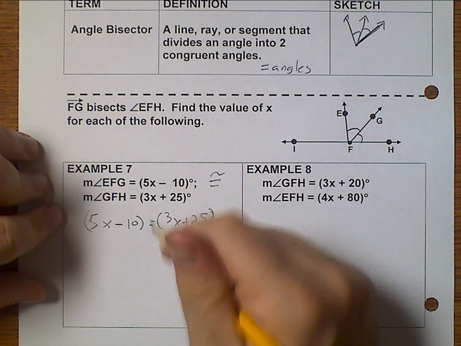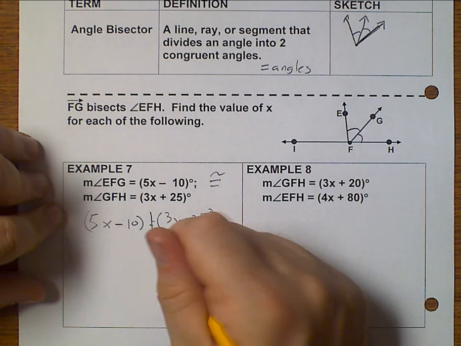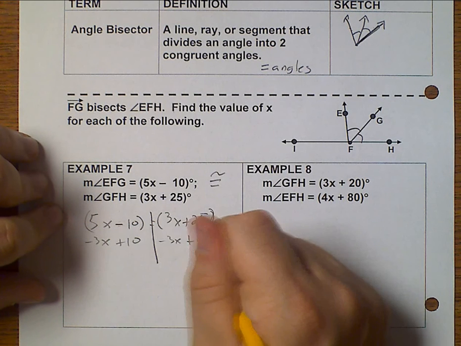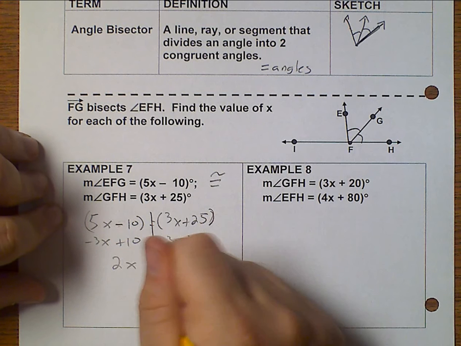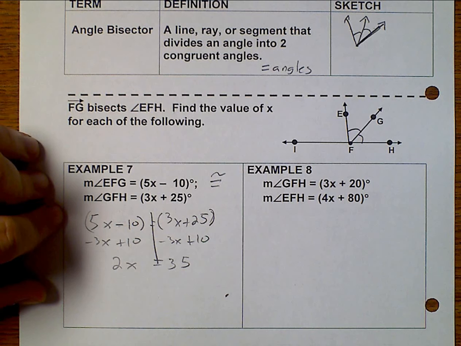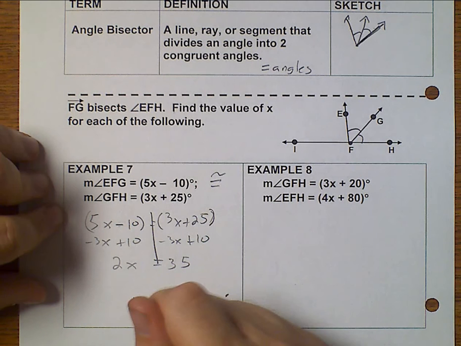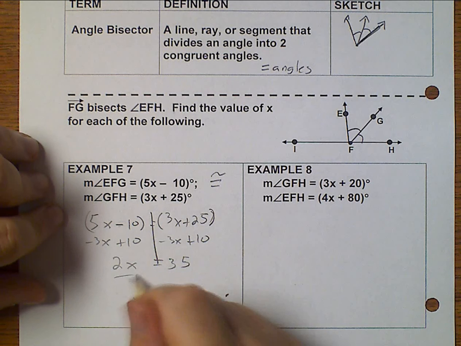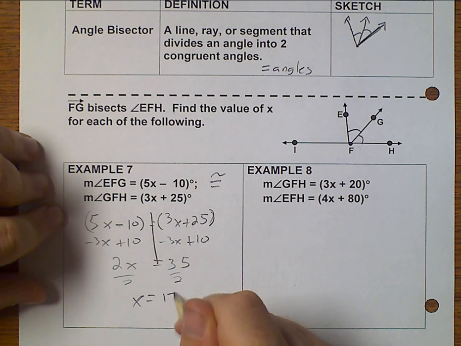Again, we go back to our basic algebra. I get that 2x equals 35. And when I divide 35 by 2, I get that x equals 17.5.